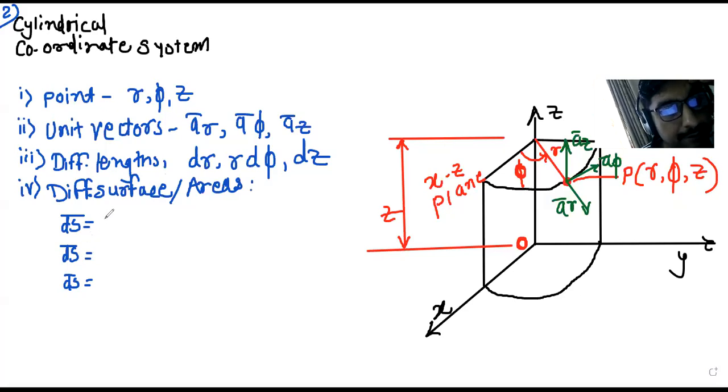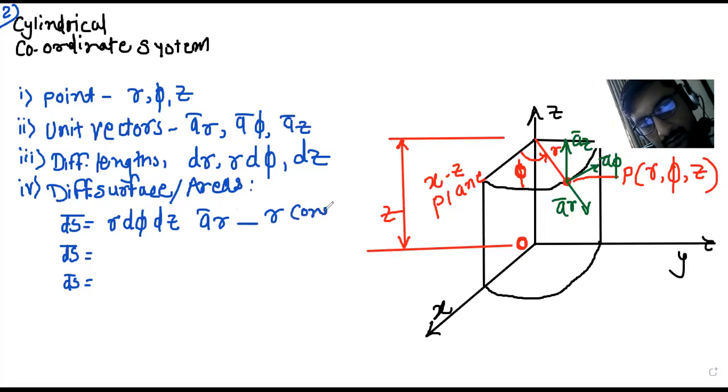Now, if r is constant, the direction would be given by a bar r. So here I can write r d phi dz, and the direction is given by a bar r. This is when r is constant.